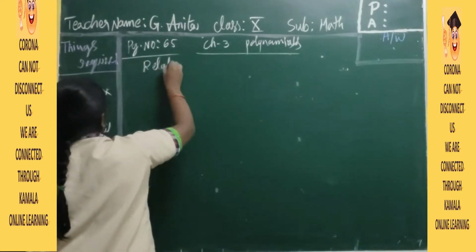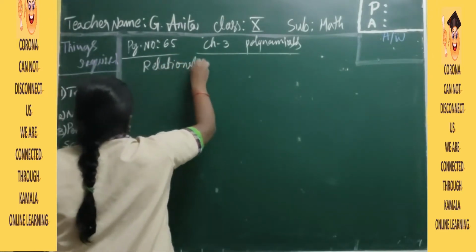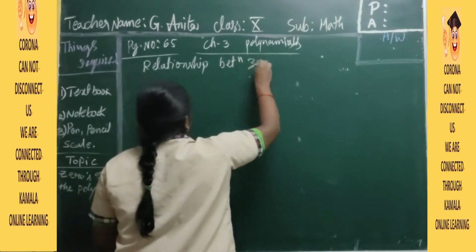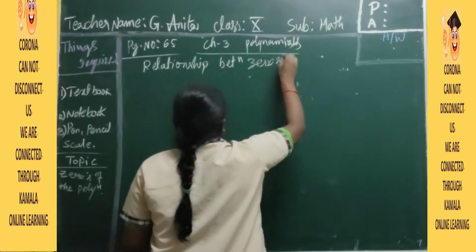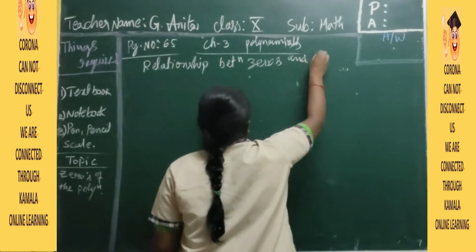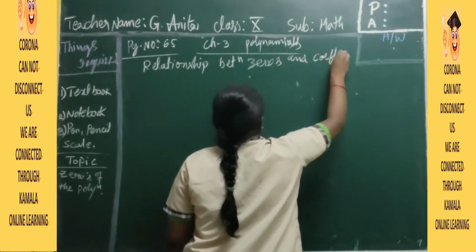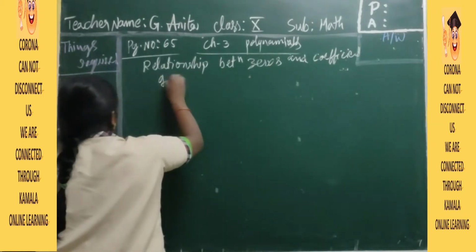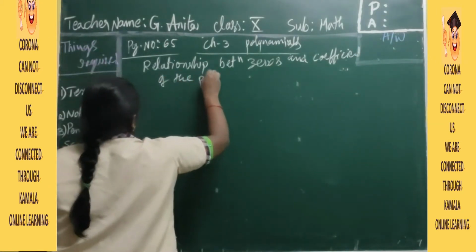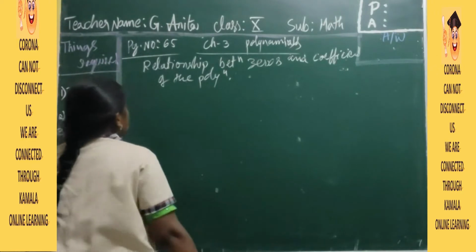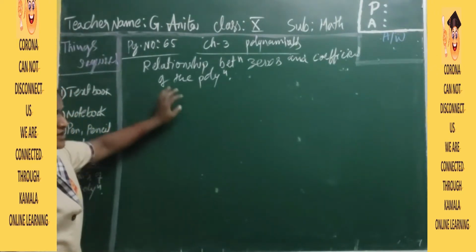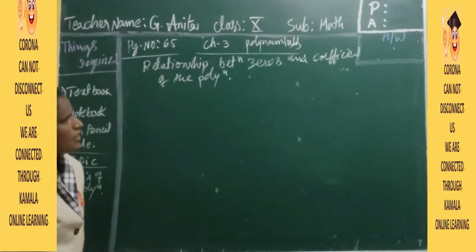A relationship between zeros and coefficients of the polynomial. So what is the relationship between zeros and coefficients of the polynomial? Okay, so how to find out?